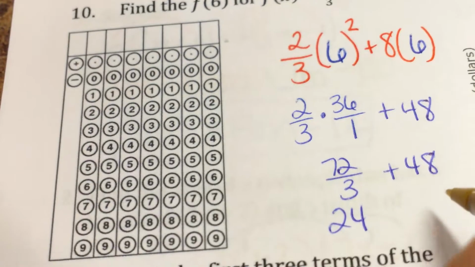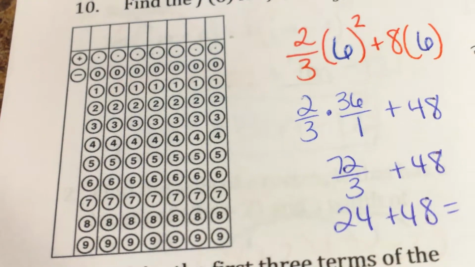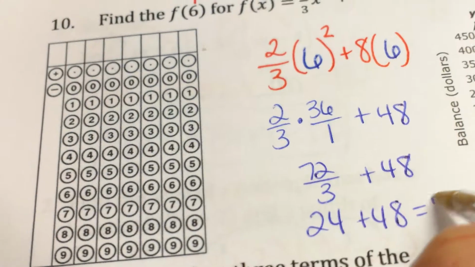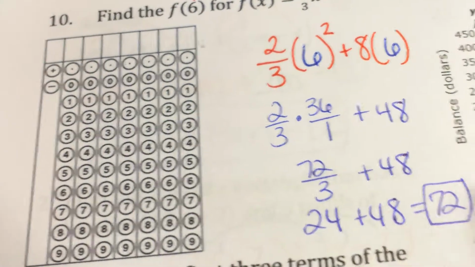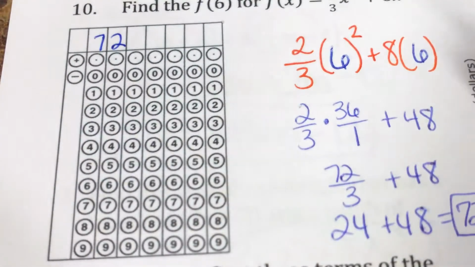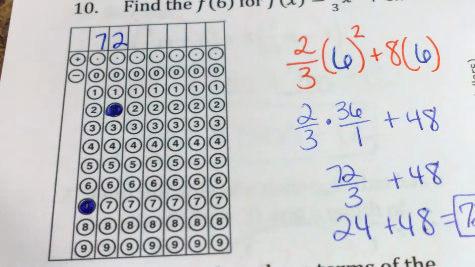And 24 plus 48 gives me 72, which is what we got when we plugged in the whole thing. 72. Once again, you can put it at the end or in the front. I'm going to put it in the front, 72. And once again, you could put the plus sign. I'm not going to do it this time.